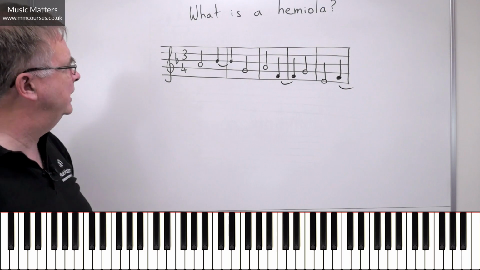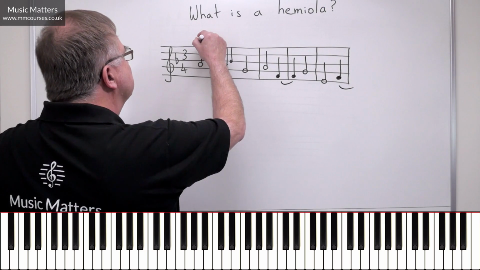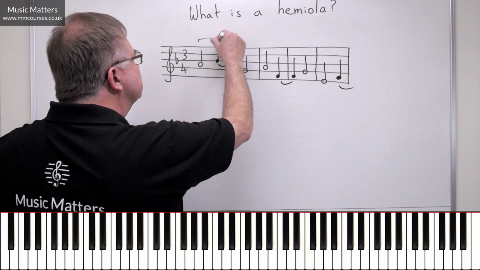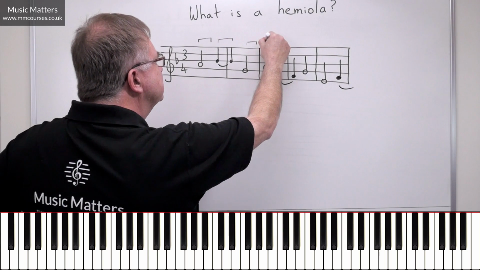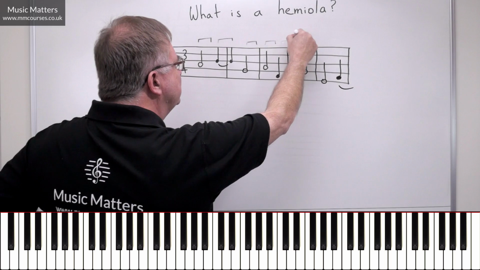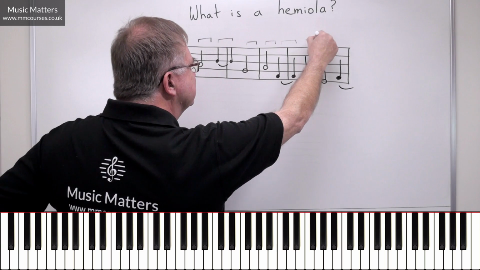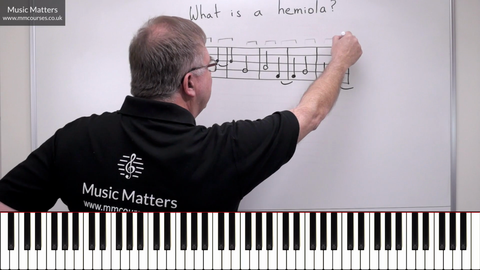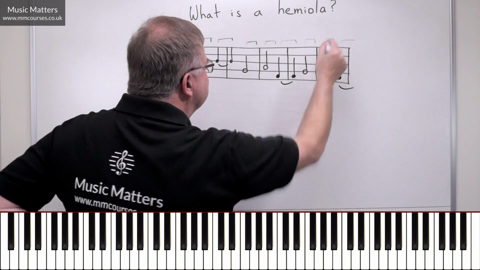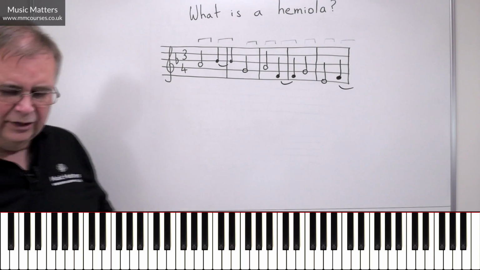So do you see what we're doing here? We're kind of imposing 2 beats, 2 beats, 2 beats, 2 beats. Sorry, that pen's a bit naff, isn't it? Never mind. And onto another 2 beats there. So I could actually count it in 2.